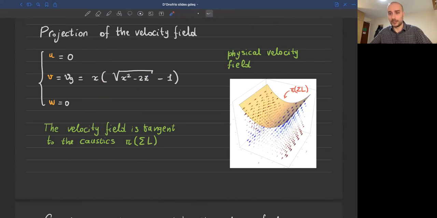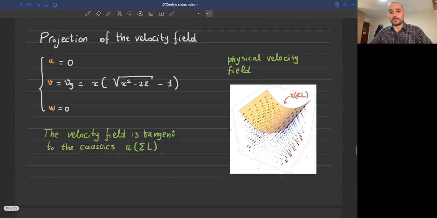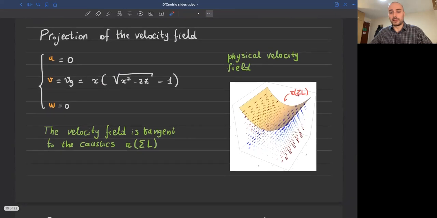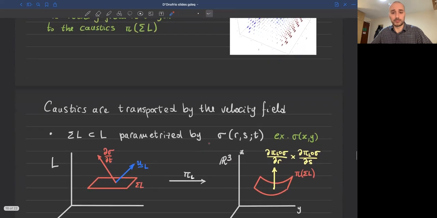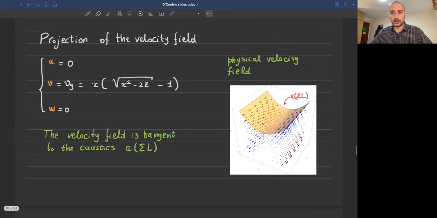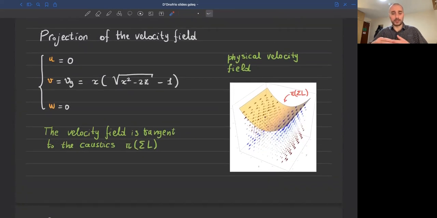So boundaries can be described by projecting some generalized solution to the base manifold. And for time-dependent velocity solutions, caustics can represent surfaces of discontinuity propagating in the fluid, which are transported by the fluid flow.